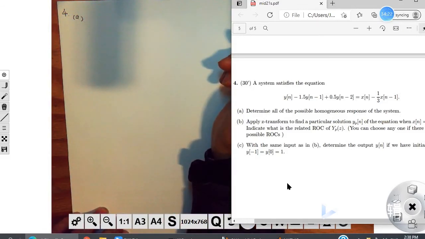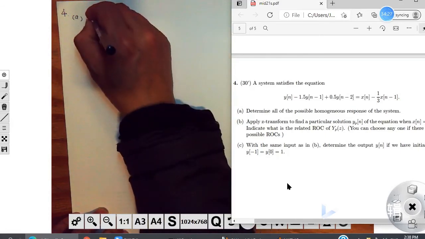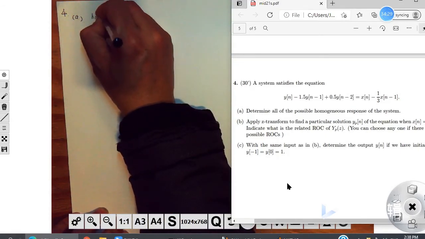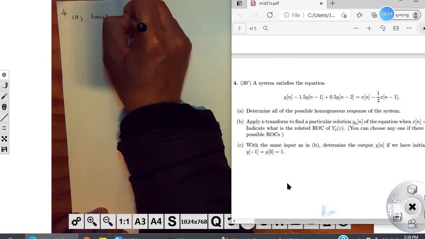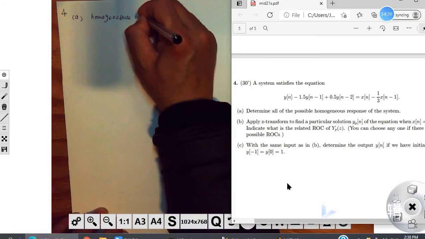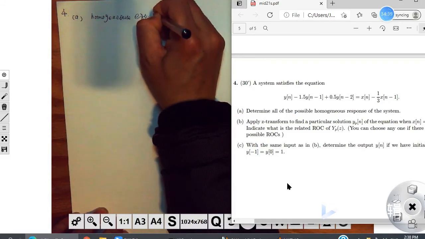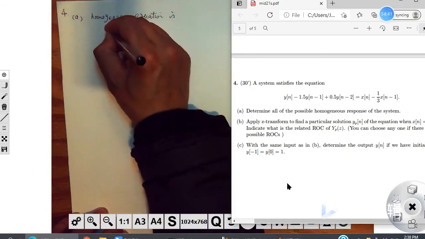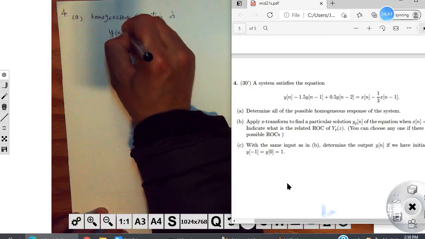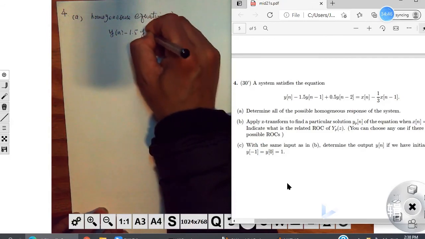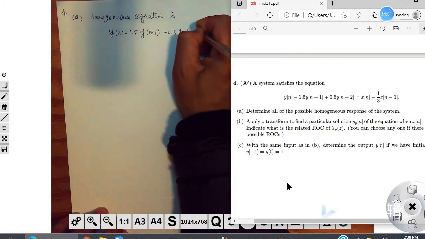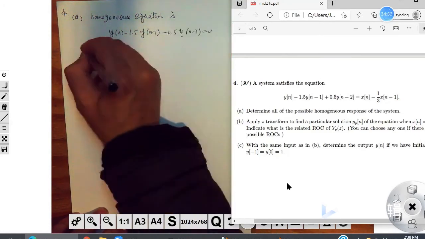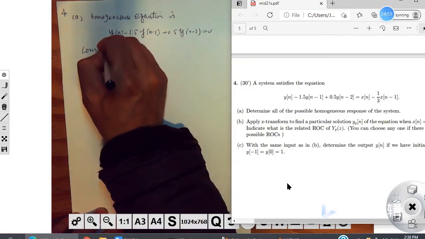So this is just you let x equal to 0. So the homogeneous equation: y of n minus 1.5 y of n minus 1 plus 0.5 y of n minus 2 equals 0.